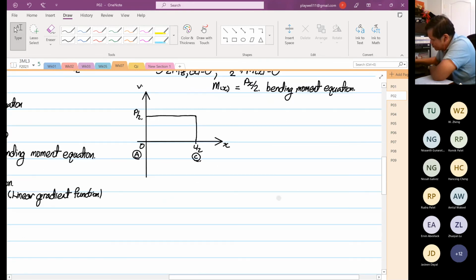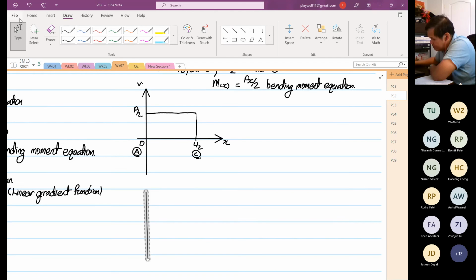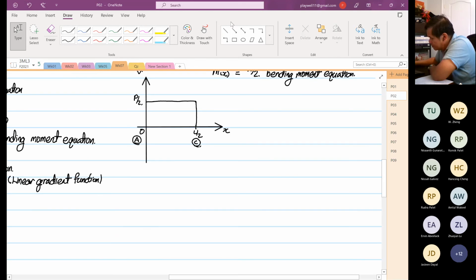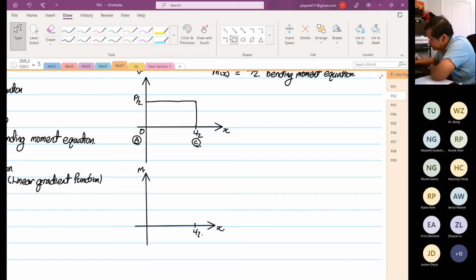And then if you were to draw our bending moment diagram, okay, wrong arrow, wrong line. If we were to draw our bending moment diagram, this is our x, this is our moment, this is our L/2, and our diagram will look like this.